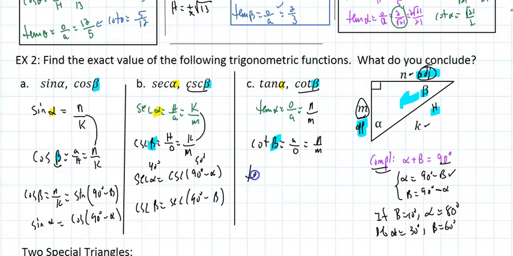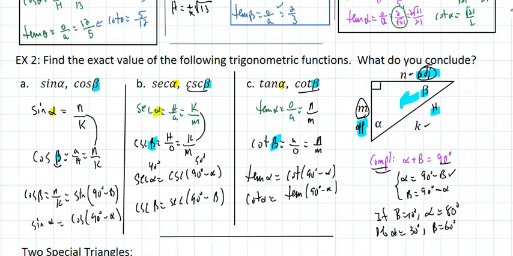And the same deal here, the tangent of alpha is the cotangent of 90 degrees minus alpha, and the cotangent of alpha I could say is also the tangent of 90 minus alpha. I could use beta, it really doesn't matter. So that's my conclusion. If I have the sine of 40 degrees, I could say that's the cosine of 50 degrees. Very simple. As long as the two angles add up to 90 degrees, I'm okay.